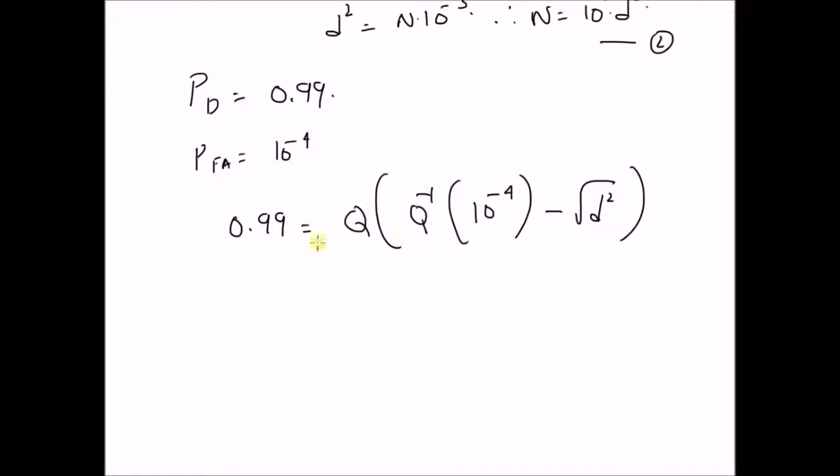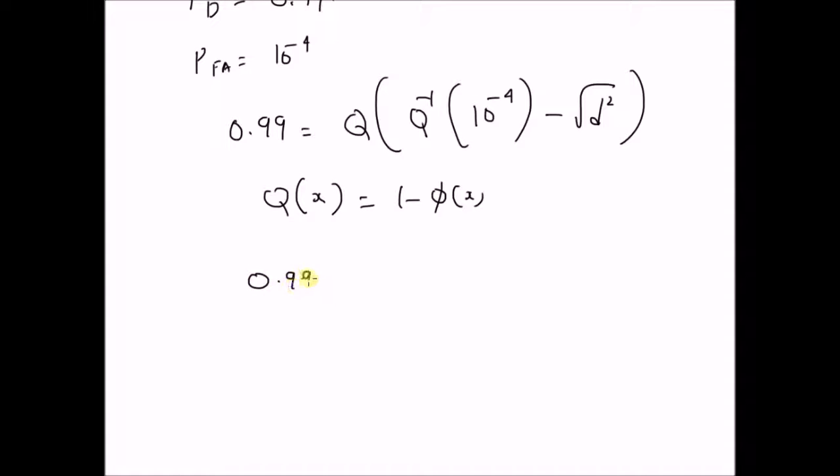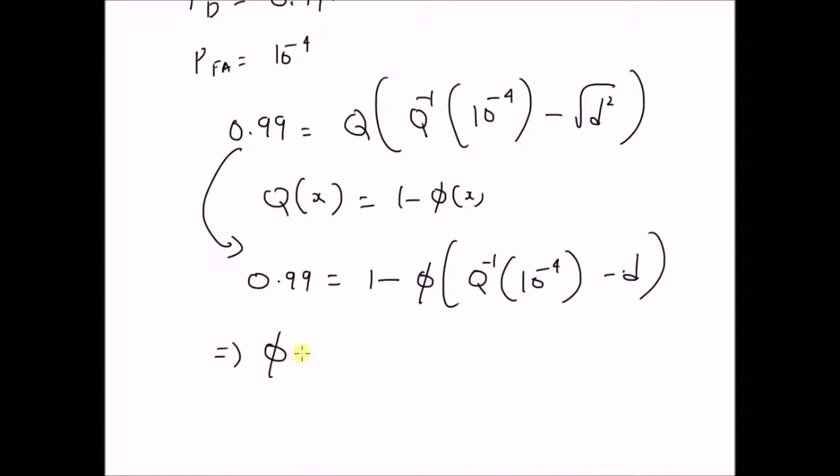Since this Q function is equal to 0.99, and we know that Q of x is equal to 1 minus phi of x, where phi is the normal CDF with mean 0 and variance 1, we can rewrite this as 0.99 equal to 1 minus phi of Q inverse 10 power minus 4 minus d. Therefore, phi of Q inverse 10 power minus 4 minus d is equal to 0.01.